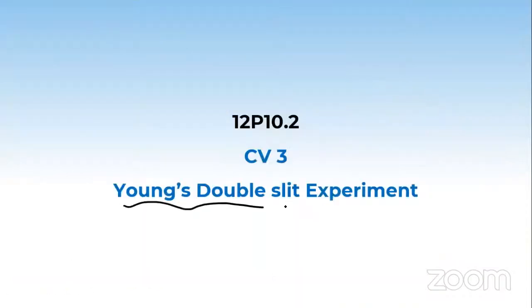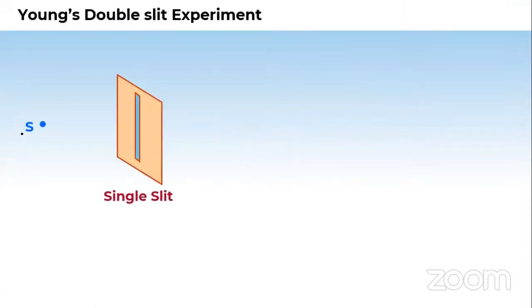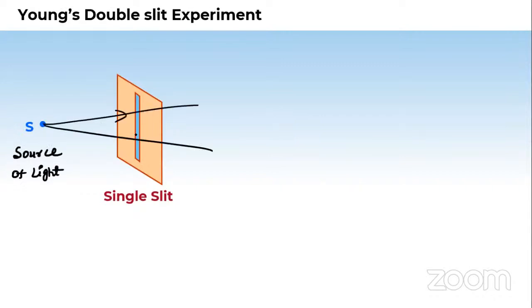What's Young's double slit experiment? It's like this. Suppose you have a source of light, and the light rays are passing through a slit.